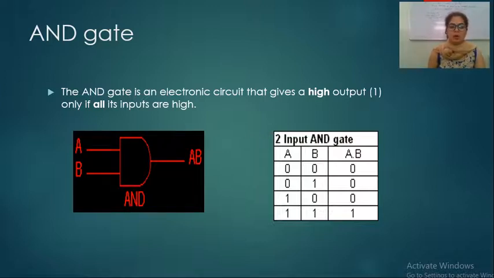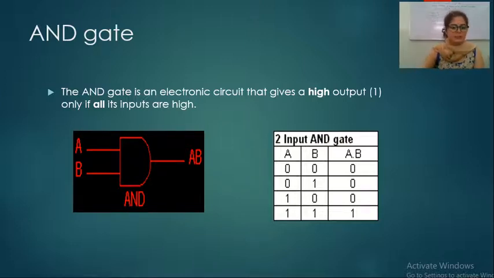This is the symbol of the AND gate, and this is the truth table. Students, you have already studied this part in the practical session of CS1 and CS2 practicals. Ma'am has covered this topic in the CS2 practical, so you can also go through that part. So the AND gate will give output high only if both the inputs are high, otherwise false.